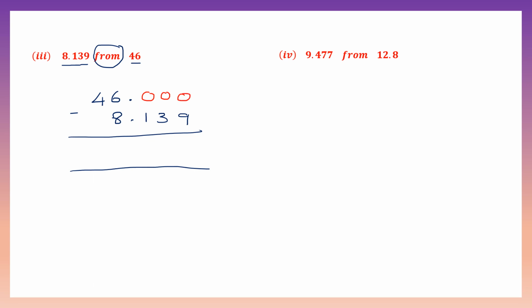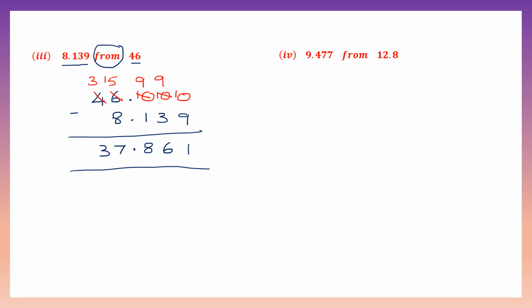Now we need to borrow. 0 minus 9 you can't do, so we borrow from 6, so that becomes 5. 9 here, 10, 9, and again 10. 10 minus 9 is 1. 9 minus 3 is 6. 9 minus 1 is 8. Put the point. Now 5 minus 8 you can't do, so we borrow again. So this becomes 3 and this is 15. 15 minus 8 is 7, and then we have 3. 37.861.